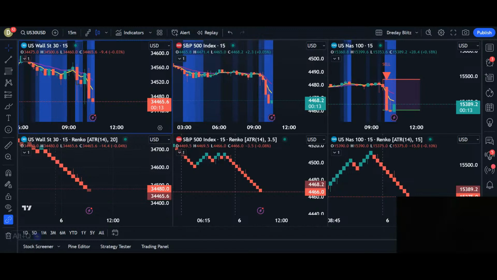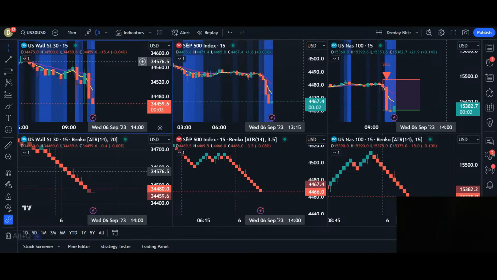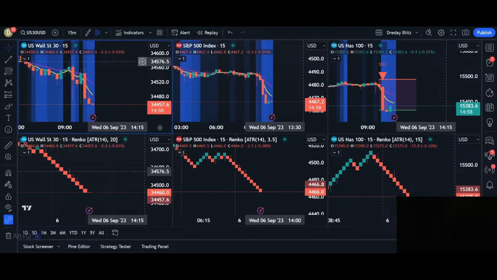All right, next candle. The final candle for this session will open. We still have down pressure here on US30, S&P 500 the same.